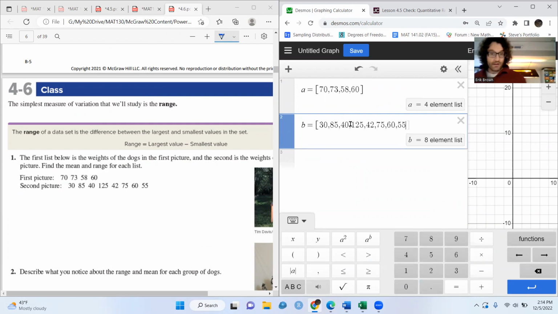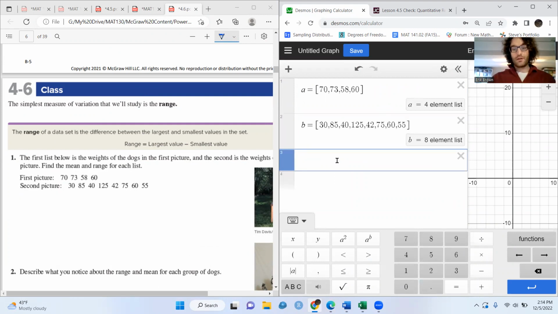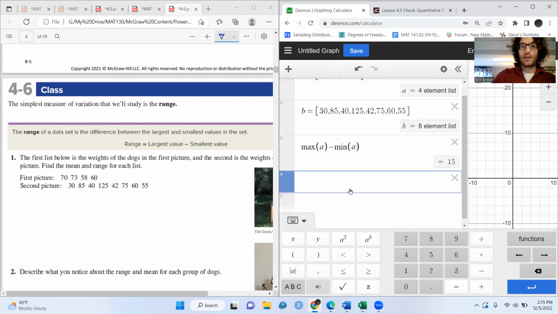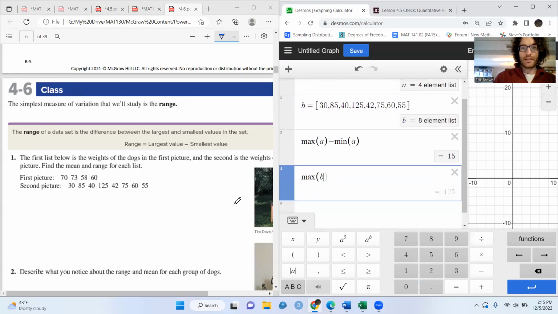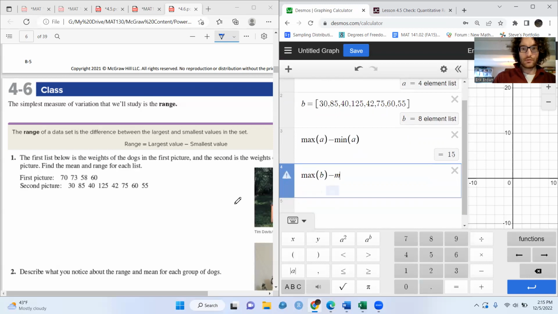As you recall, we already know how to calculate the largest and smallest value. So we're just going to do the maximum of A minus the minimum of A, and there it's 15. So they're 15 pounds apart in terms of weight. Then we do the same thing with B, and there they're 95 pounds apart.